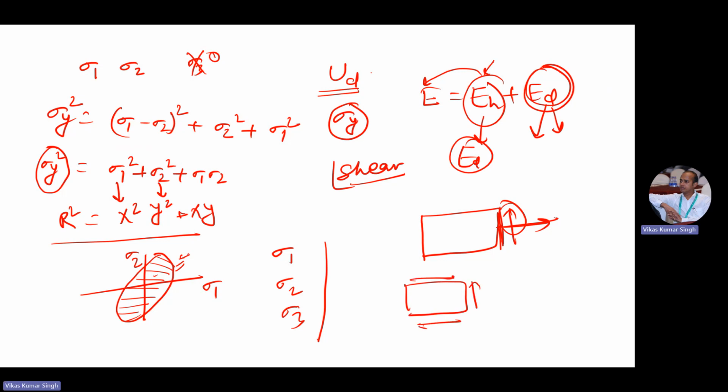The material is having this type of state of stress. Even though there is pure shear in this plane, in this plane there will be a tensile stress. There will be a tensile stress even in this condition.